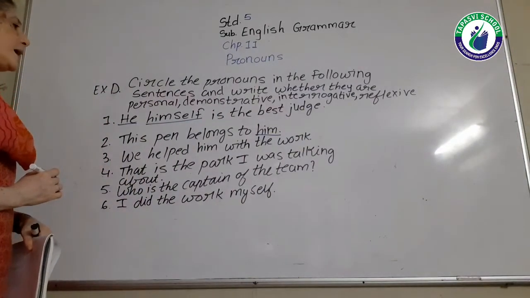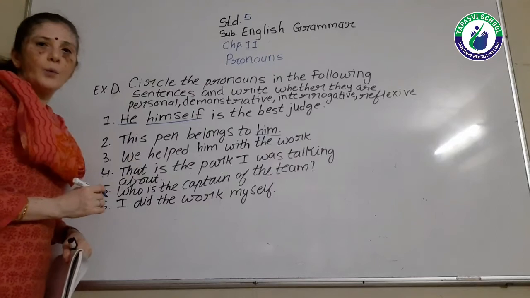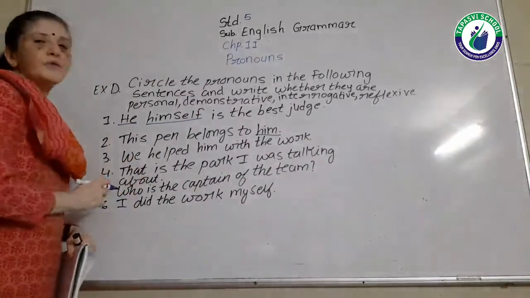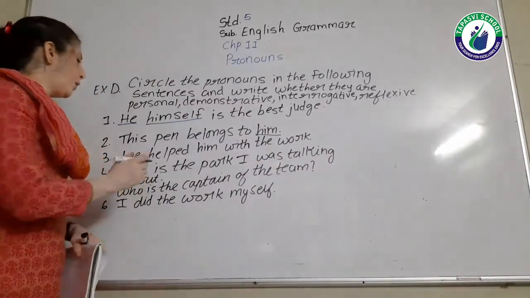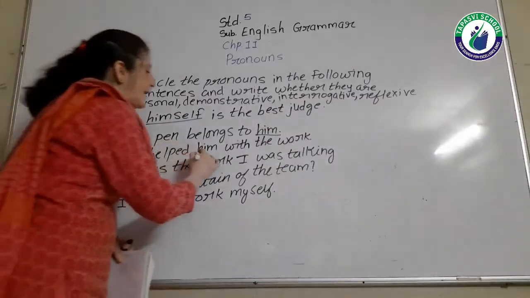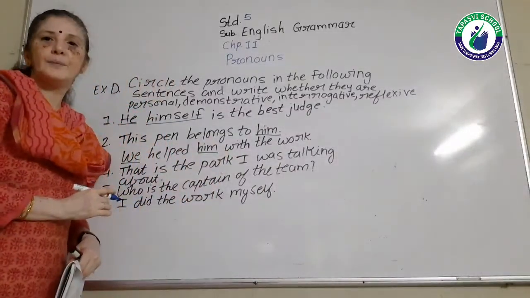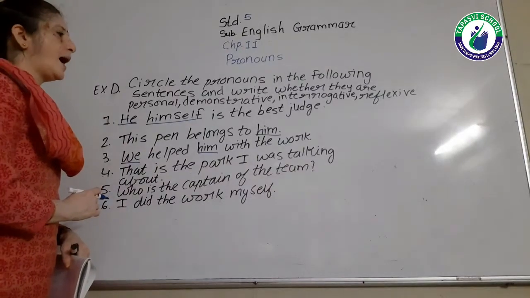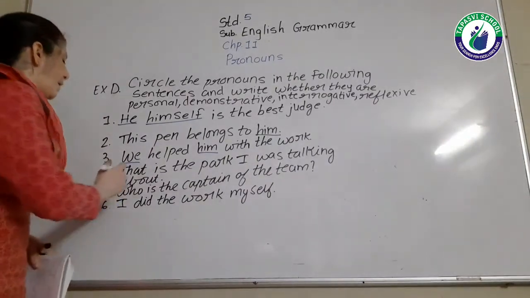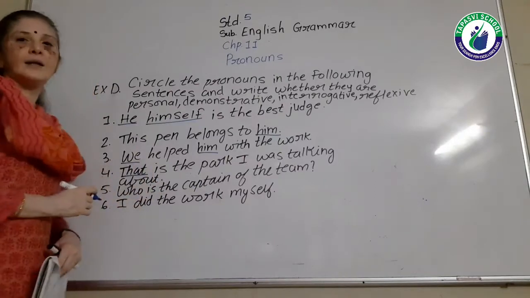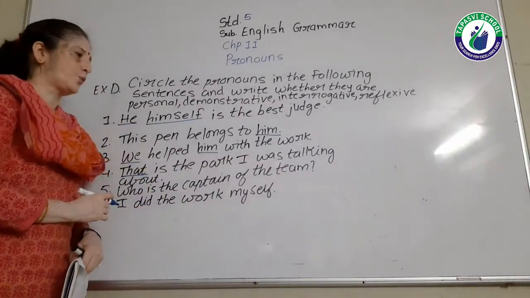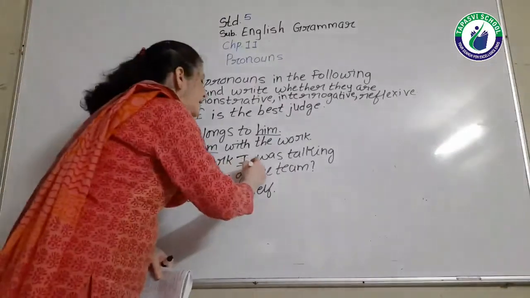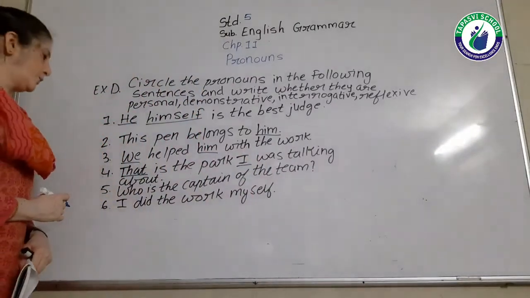Third one, we help him with the verb. We and him are personal pronouns. Fourth one, that is the part I was talking about. See here, that is a demonstrative pronoun and I is a personal pronoun.